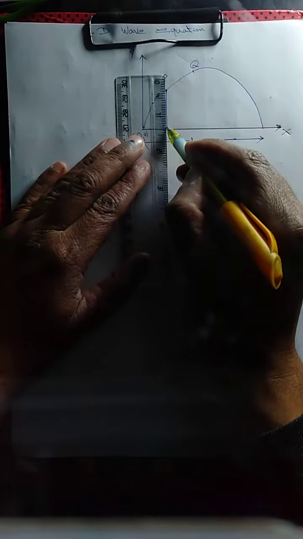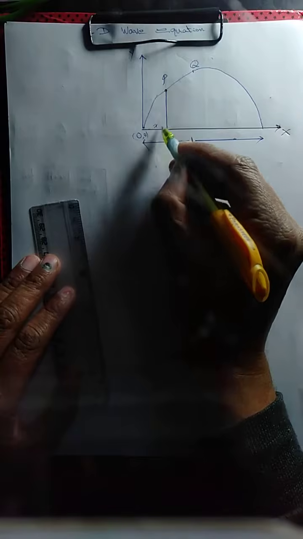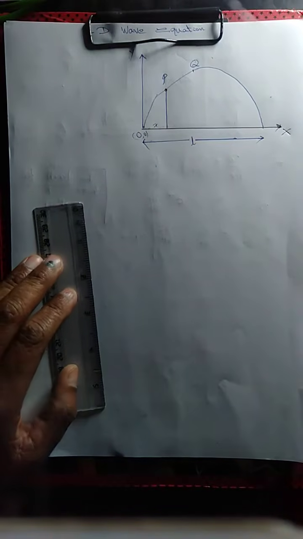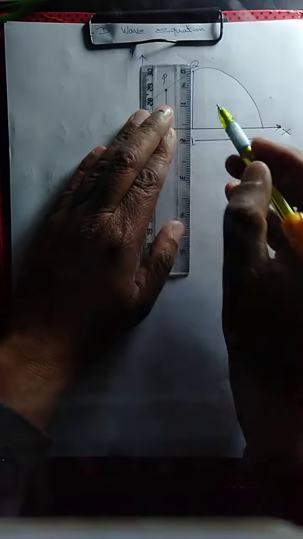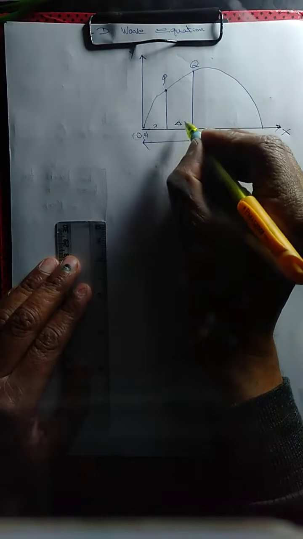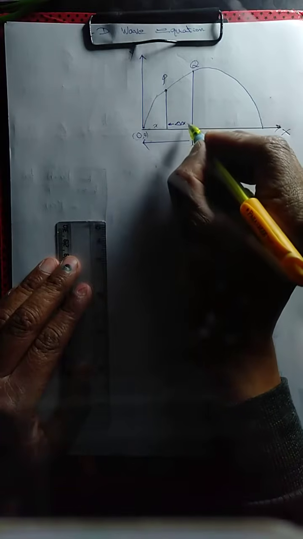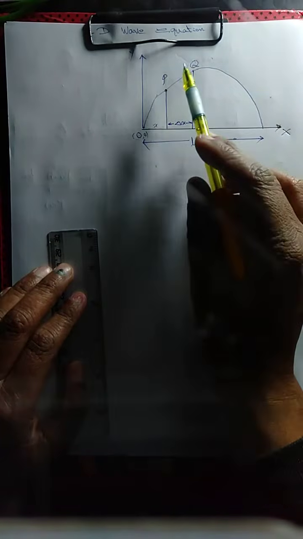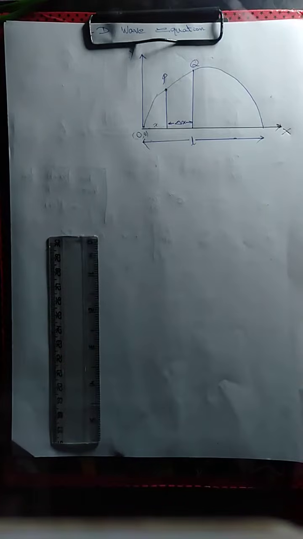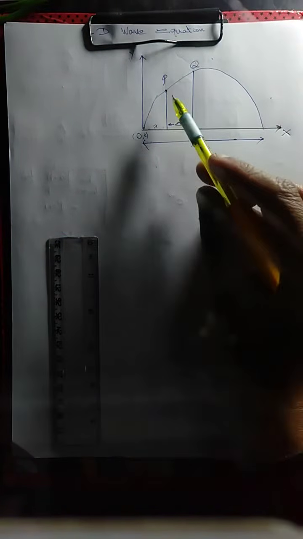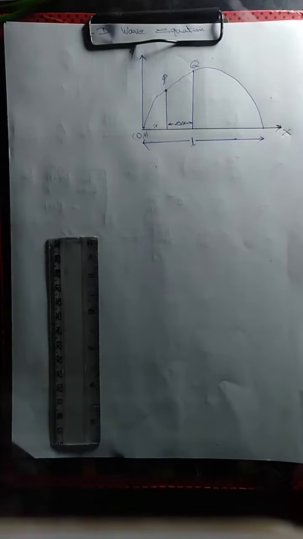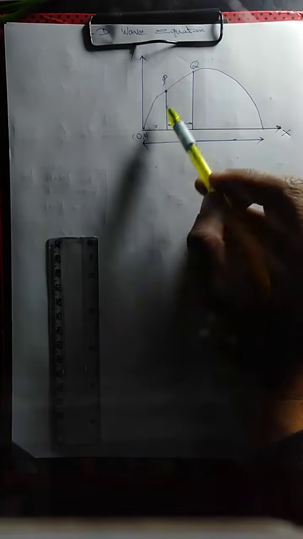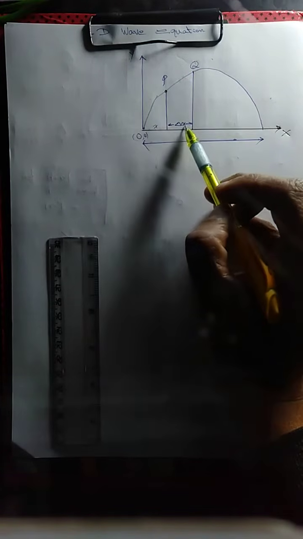Then let x be the x coordinate of P and x plus delta x the x coordinate of Q. That means we take PQ to be a small chunk, and approximately it's of length delta x.